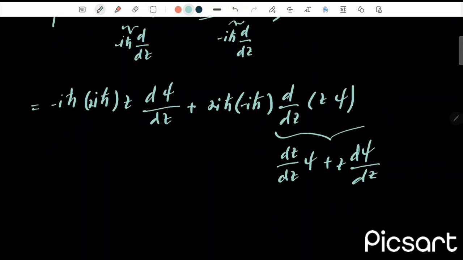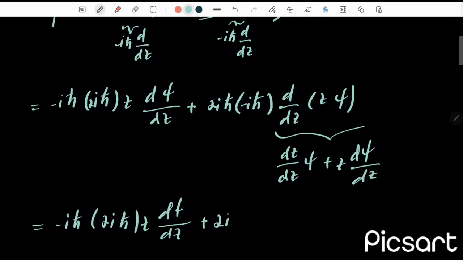So what we now have is the solution written as minus h times 2iħz d of c over d of z, plus 2iħ times minus iħ d.